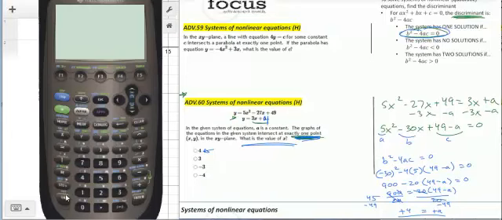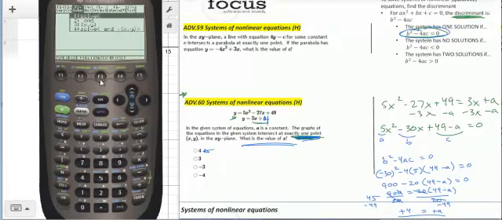So because I have my TI-84, I am going to go into my system solving template, custom tabs, second home, brings up my F3 system solving template, and then I'm just going to type these two equations. So I have y equals 5x squared minus 27x plus 49.